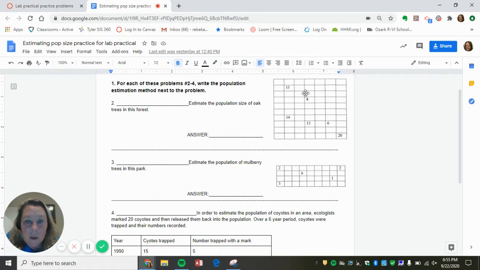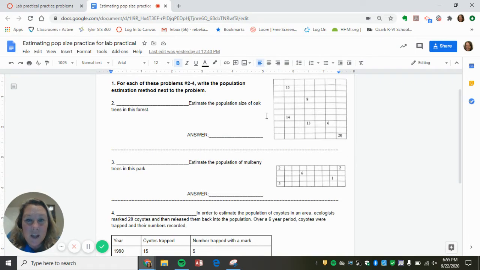The steps of doing this kind of population estimation through random sampling are: number 1, count the trees in your random samples. So we sampled 1, 2, 3, 4, 5, 6. You're going to count the number that you get here: 15 plus 14 plus 8 plus 13 plus 6 plus 20.